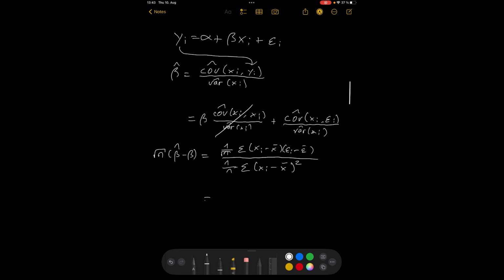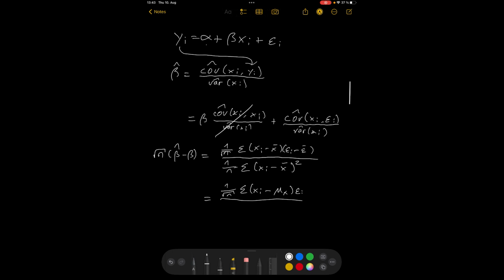So this means we've got 1 over square root n sum of (x_i minus mu_x) times epsilon_i. Remember that the expectation of epsilon is 0 by assumption, or actually by construction, because we include a constant in our population regression equation here, the alpha.